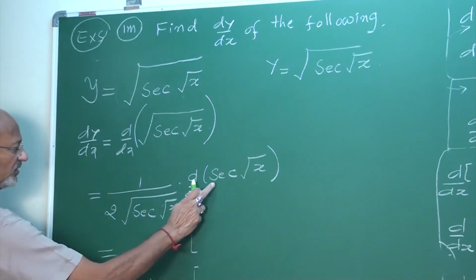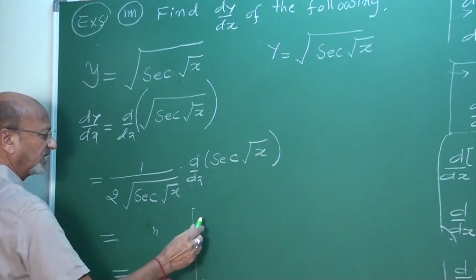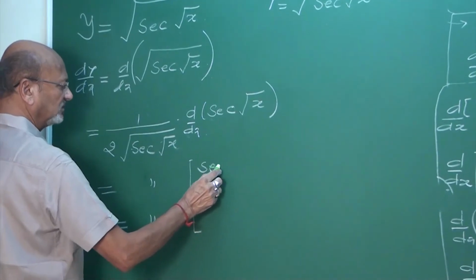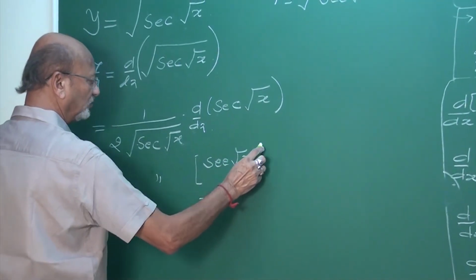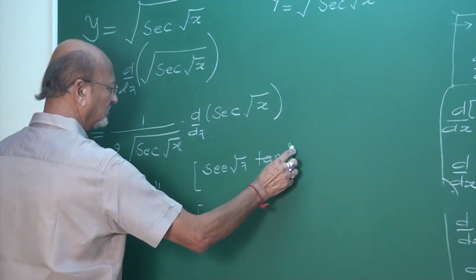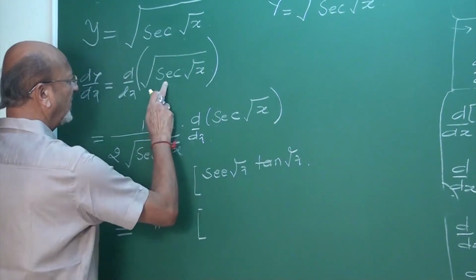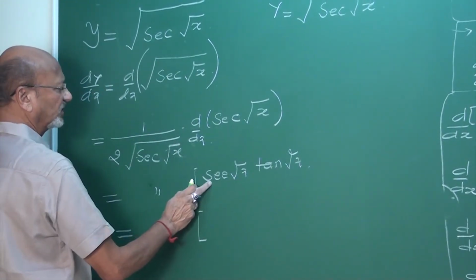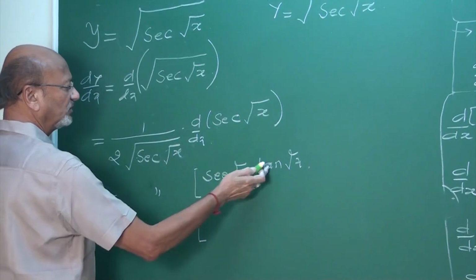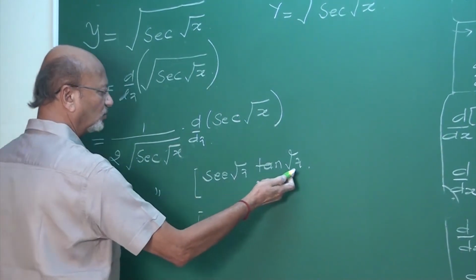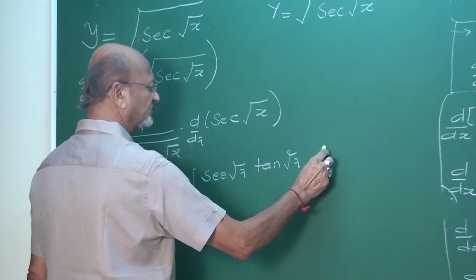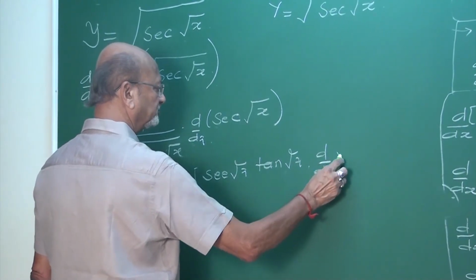Same. What is the derivative of sec? Sec into tan. This is the only difference. If it is tan, the derivative of tan is sec square. If it is sec, it is sec into tan, angle is same. Root x derivative.